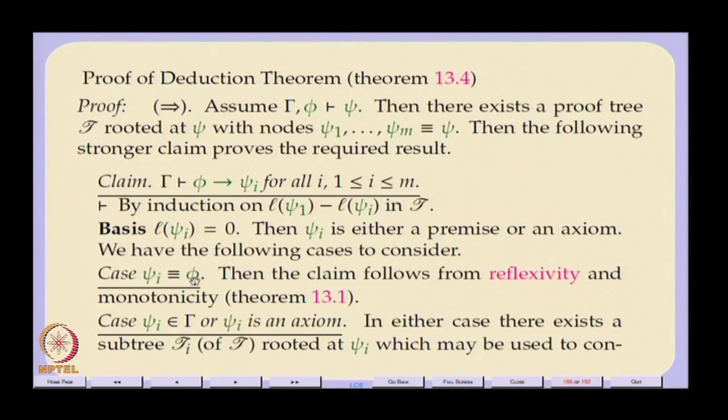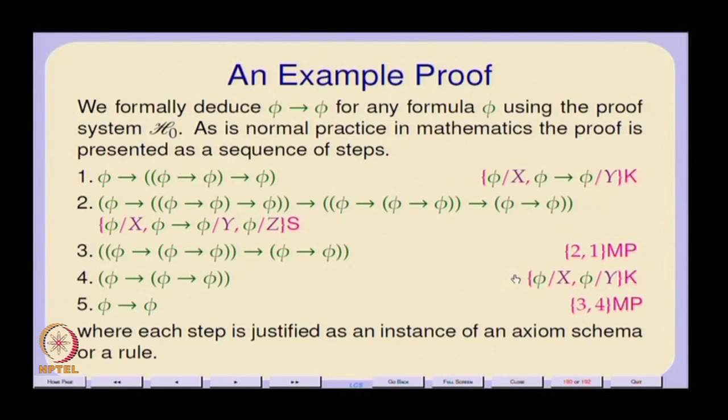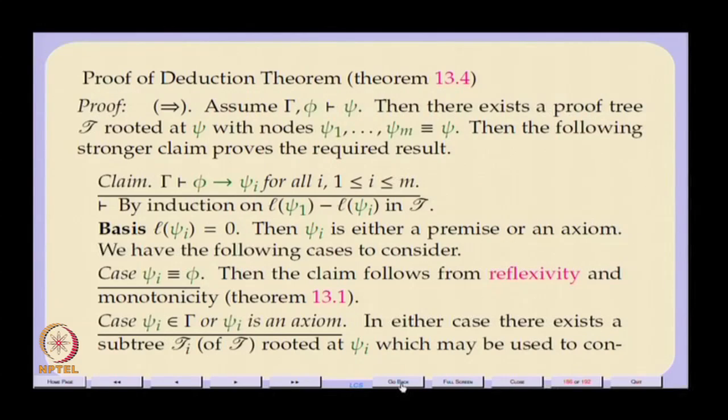If psi I is phi, then the reflexivity theorem that we proved already shows phi arrow phi. It always holds, so there is really nothing to be shown. The only interesting part of this case is when psi I is either an assumption or an instance of an axiom schema.